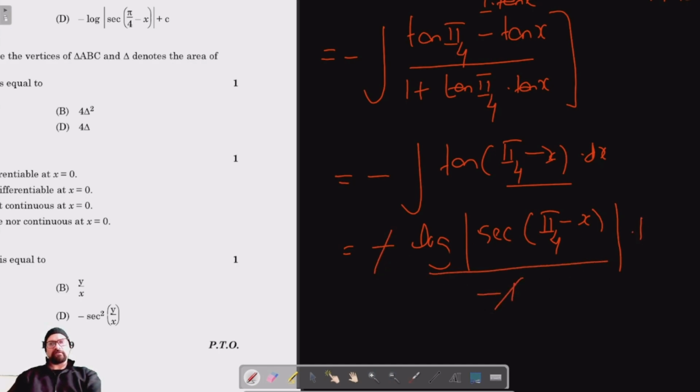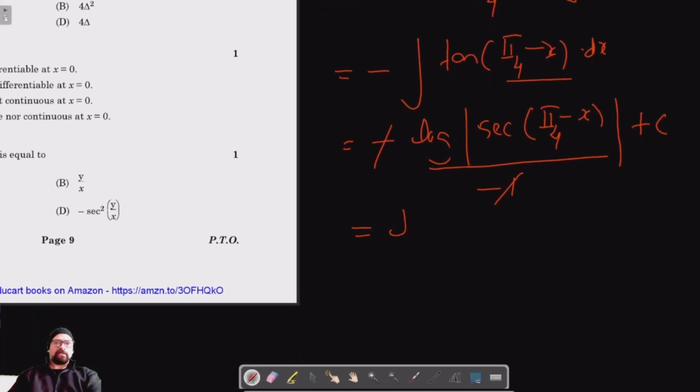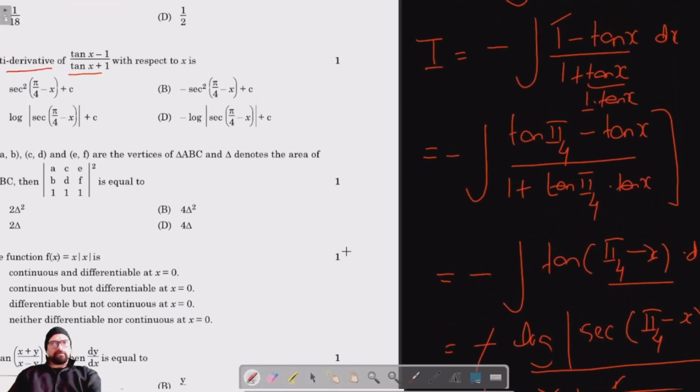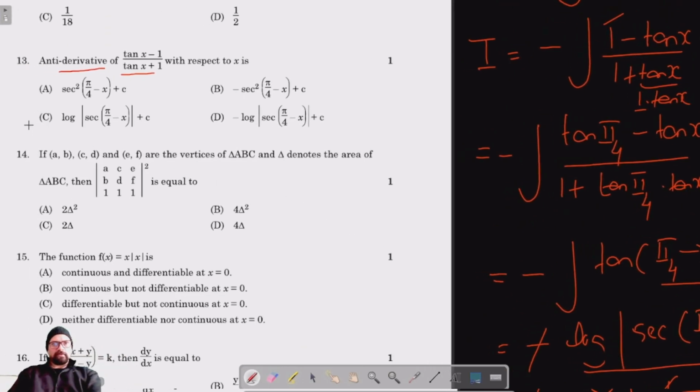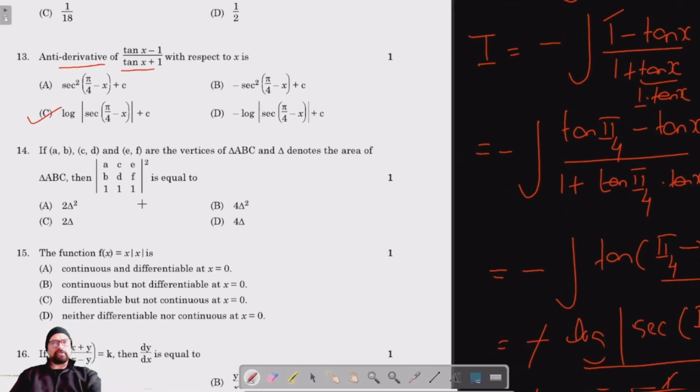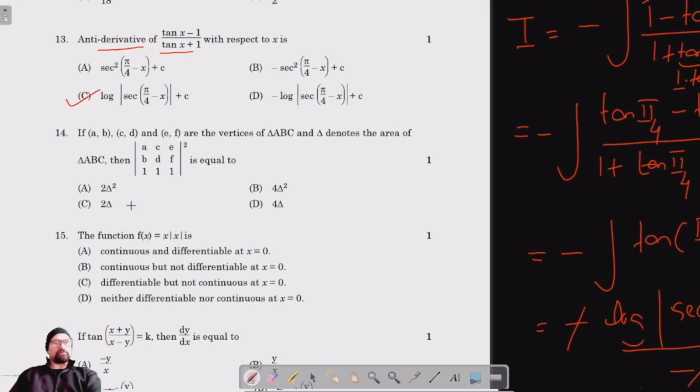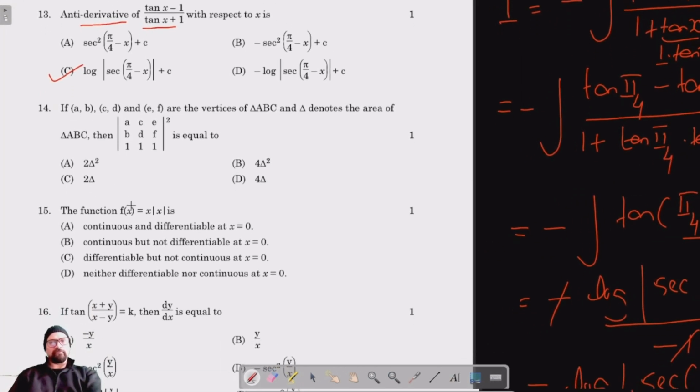So this gets cancelled, plus c. And our answer for this is log of secant of pi by 4 minus x. So our option is C, and this solves our question number 13. Let's move on to question number 14.